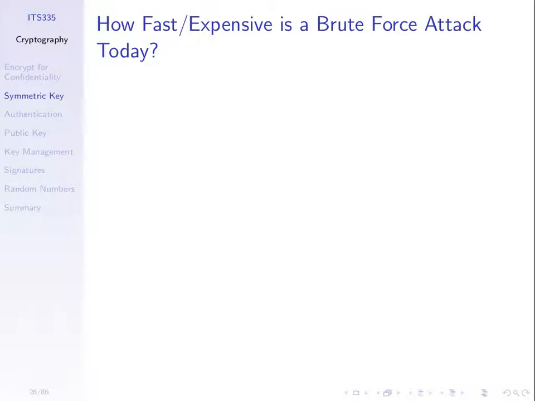We started with some theoretical numbers, 10 to the power of 9, 12 and 15. I showed some examples of my laptop, but laptops are not built to defeat AES or DES. You can actually buy or build hardware specialized to defeat ciphers. So let's look at some of that hardware and see how it works.